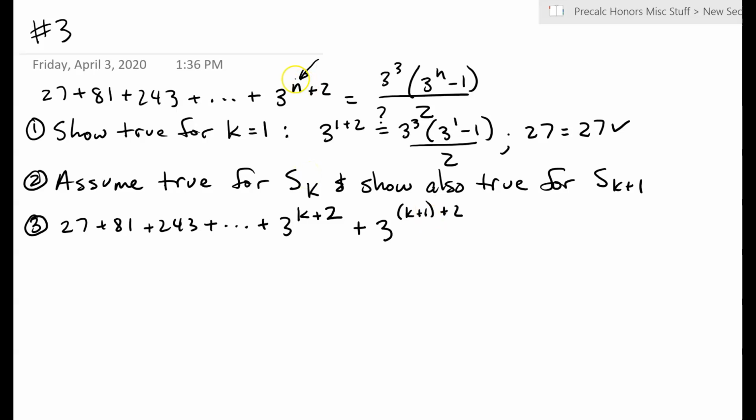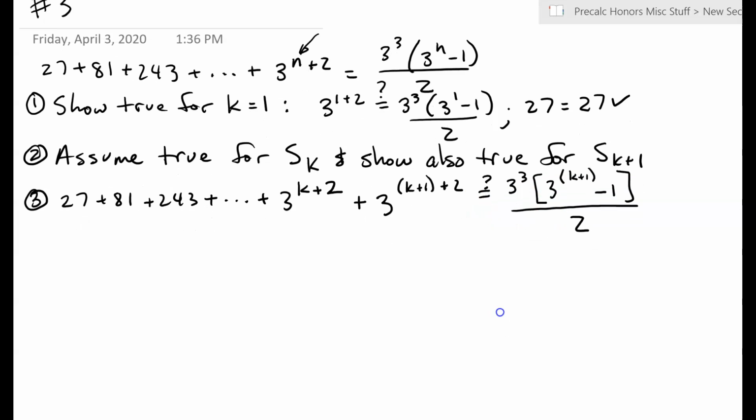And then we're plugging in for k plus 1. And we want to show that that's true for 3 to the third times 3 to the k plus 1 minus 1 over 2. Okay, so again, make sure you use a k, make sure you have a question mark here because we're trying to prove that these two are equal.